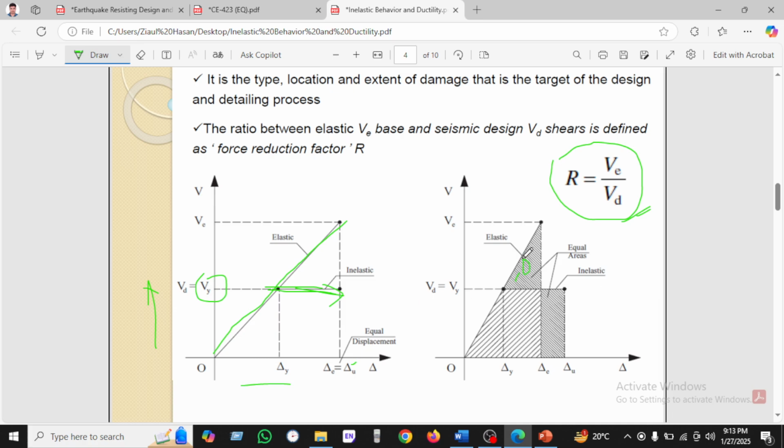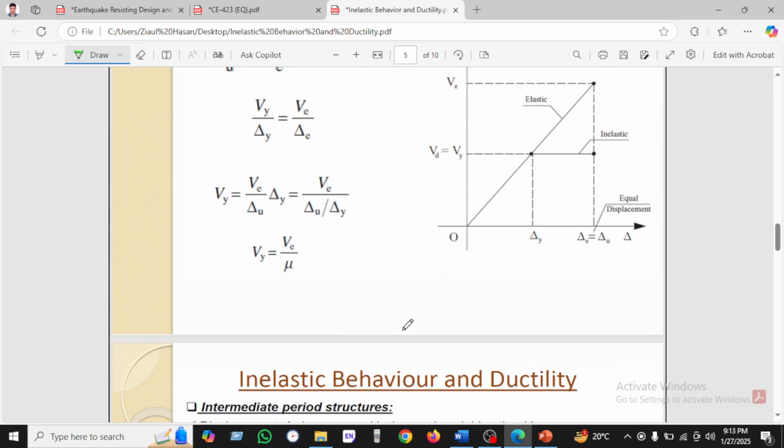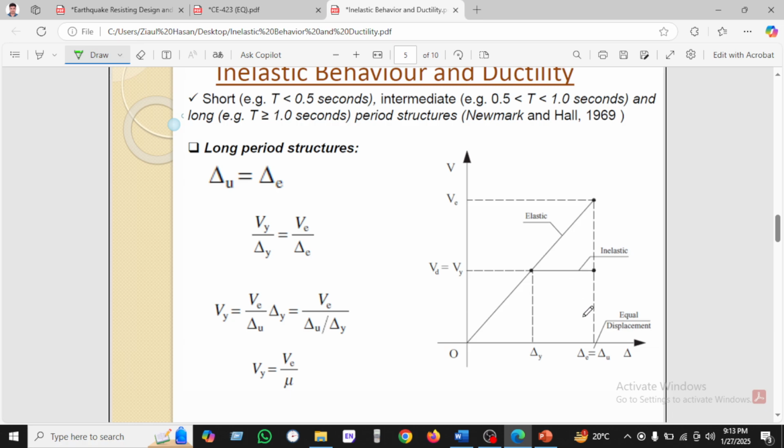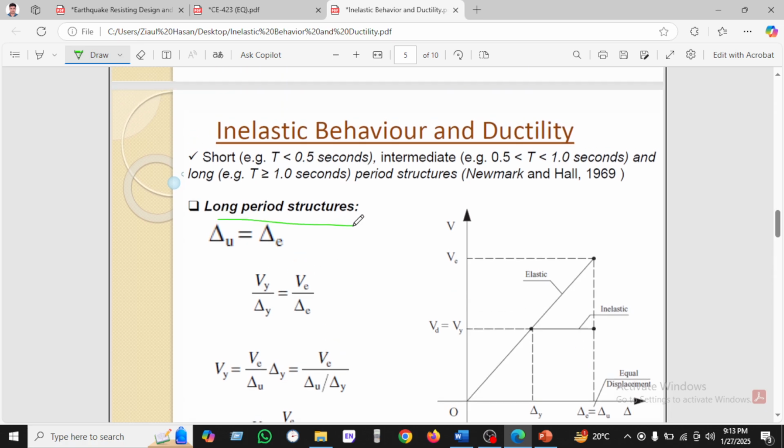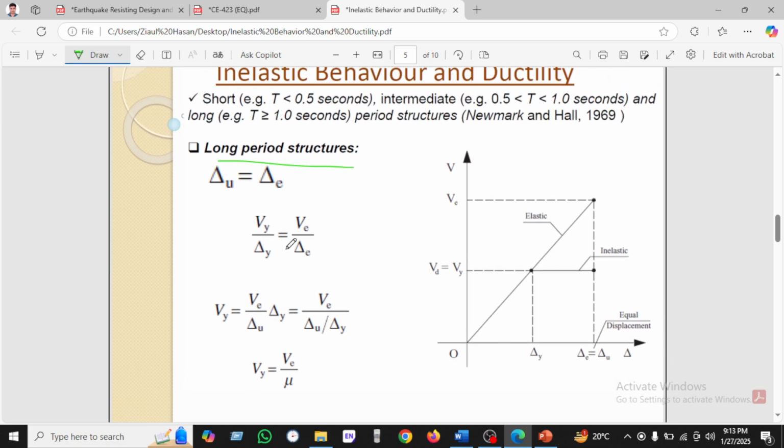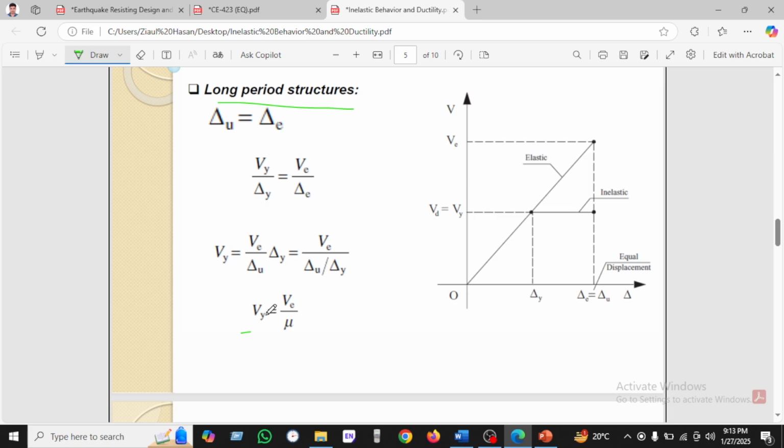If we shade this region, then we can say that this region and this region have the same equal area. These are the long period structures, as already discussed. You can see, as we have seen, mu equals ultimate shear divided by yield shear.